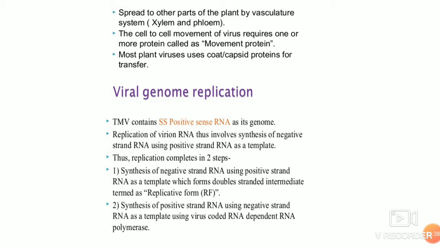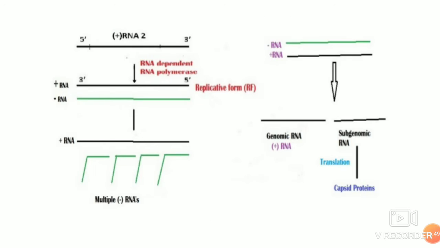Next is the synthesis of positive strand RNA using negative strand RNA as a template, and that is done by the virus encoded RNA dependent RNA polymerase. Now you have the conversion of the positive strand to the negative strand.